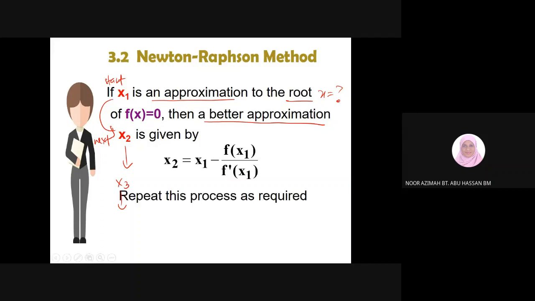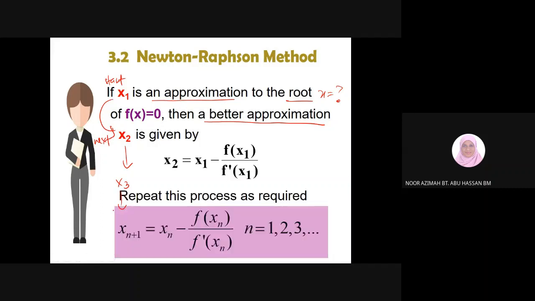By using this formula for the Newton-Raphson method. x of n plus 1, the next approximation, equals xn, the previous one, minus f of xn over f prime of xn. You need to differentiate your f(x) function, where n is a positive 1, 2, 3 value.